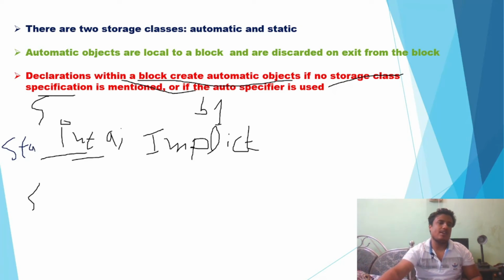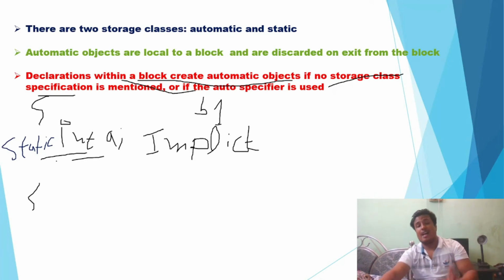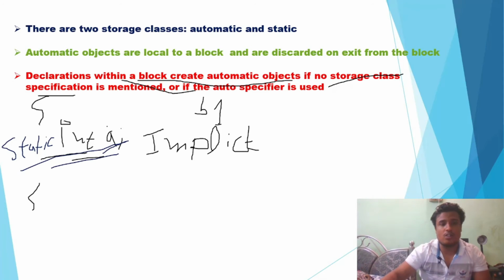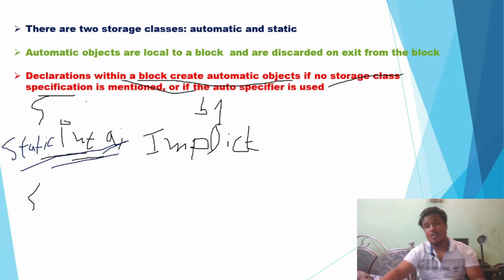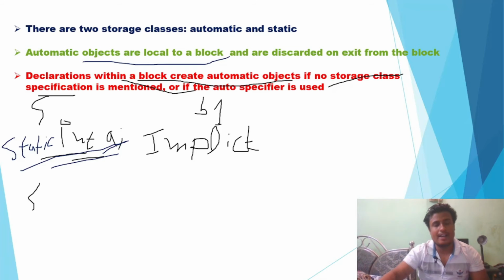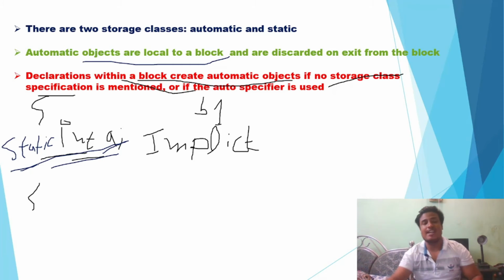Static or extern, I will discuss it later, so don't worry about it. If I use static here, its scope changes. Now this variable is not an automatic variable, although it's declared under a block. You know that automatic variables are local to the block, but if you explicitly declare it as a static identifier, it will no longer be an automatic variable. It will be treated as a global variable.